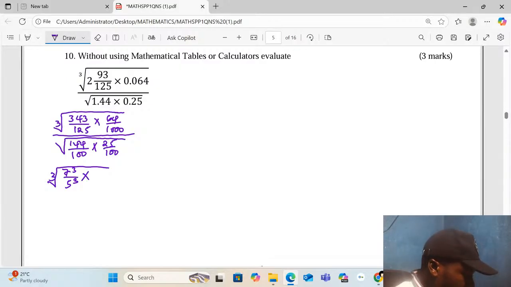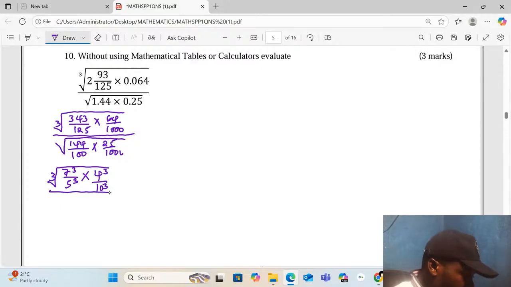Then we multiply by 64 over 1,000, sorry, this was a thousand. 64 is 4 power 3, then 1,000 is 10 power 3.